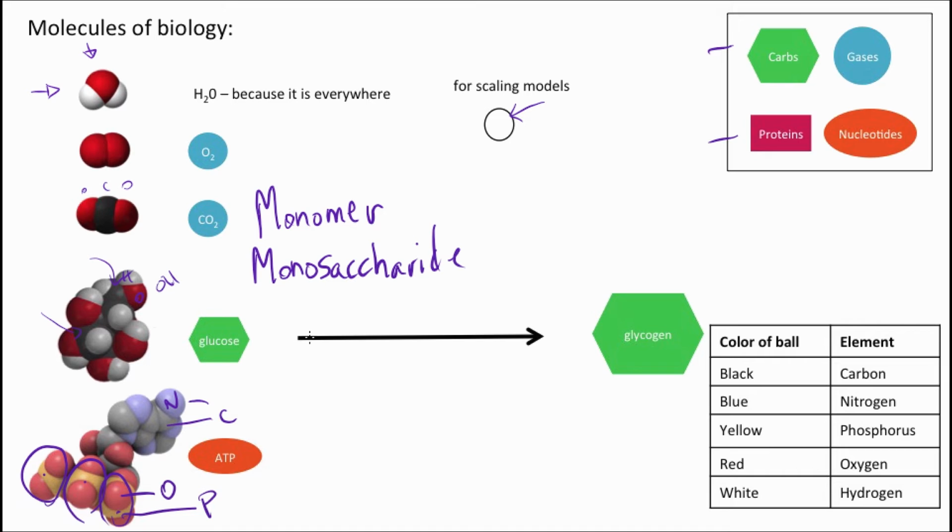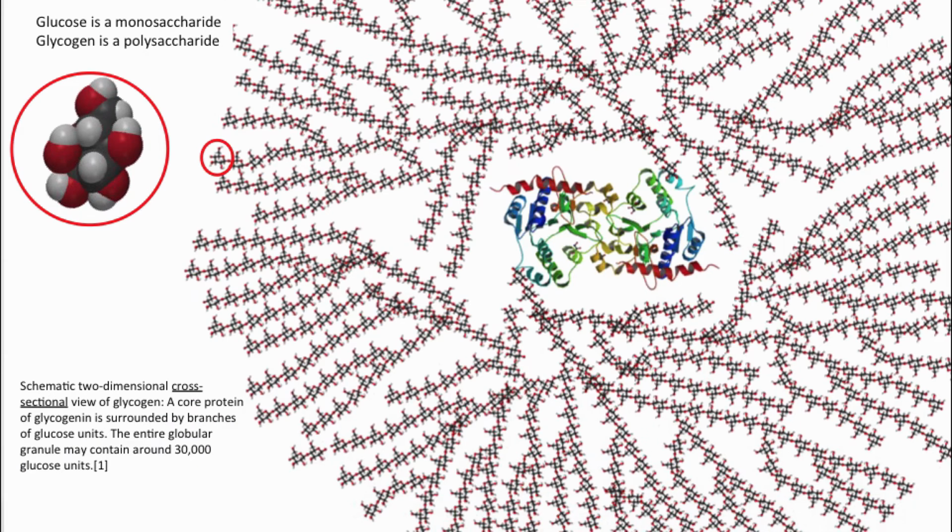If you keep going, if you add many glucose molecules, you will eventually get glycogen, which, as I said before, is a polysaccharide. I'm actually going to write it somewhat readably here.